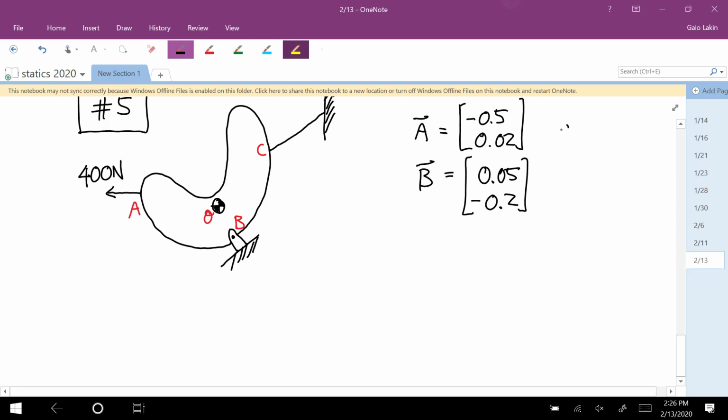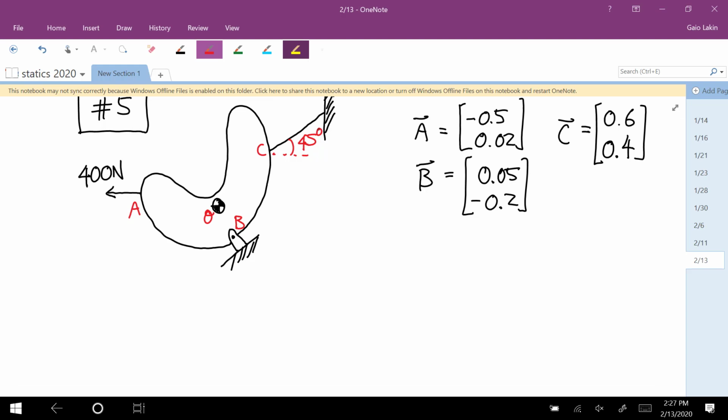And then the point C is 0.6, 0.4. And we know that this angle is 45 degrees. We want to calculate the reactions, and the body's mass is 20 kilograms.